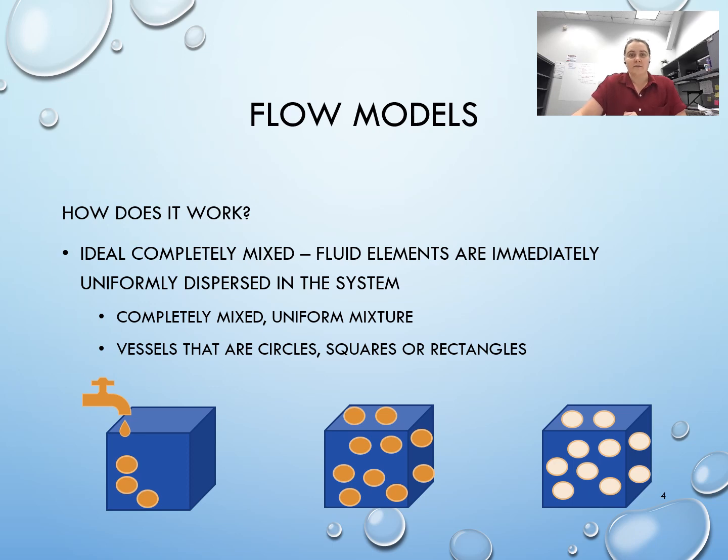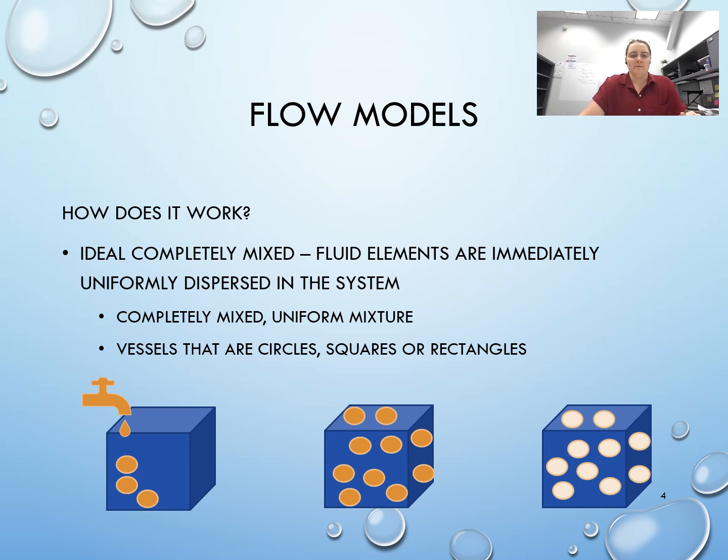The other ideal flow regime that we have is ideal completely mixed flow. And basically fluid elements are immediately uniformly dispersed in the system. It's a completely mixed, uniform mixture. Vessels could be circles, squares, rectangles, but basically they're not that long tube that we see with a plug flow reactor.